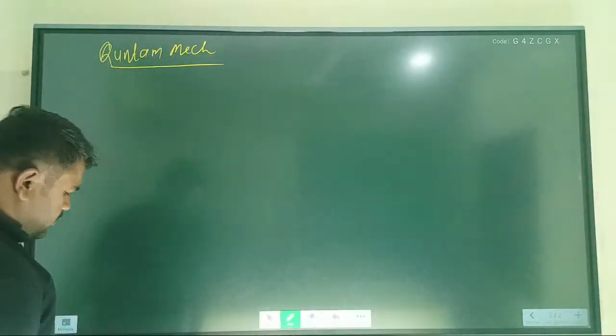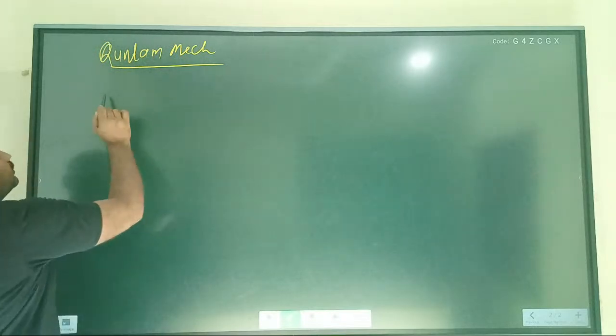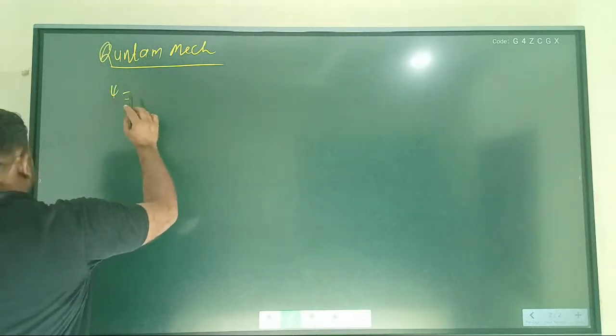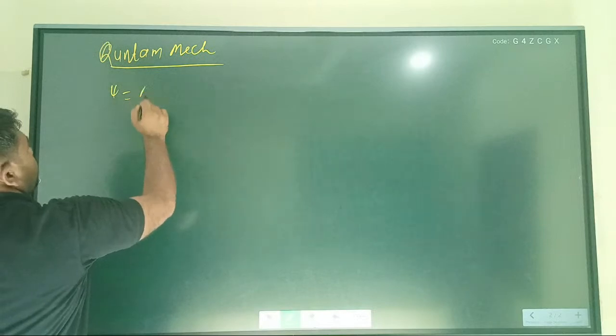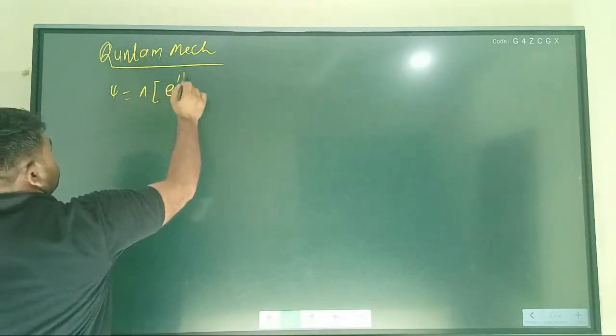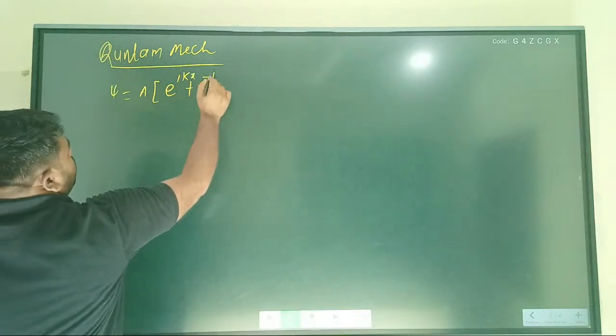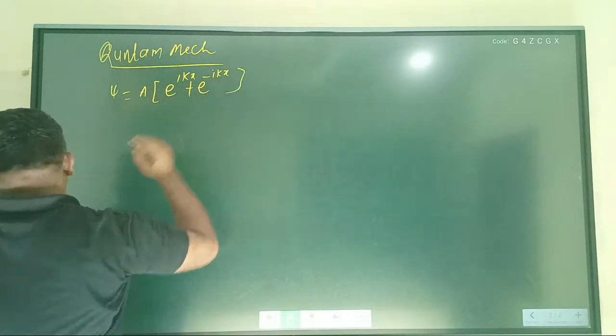Now, see here. Suppose psi is a defined function. Psi is equal to A into e to the power ikx plus e to the power minus ikx. Okay.